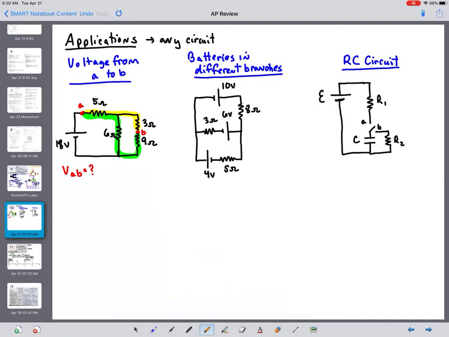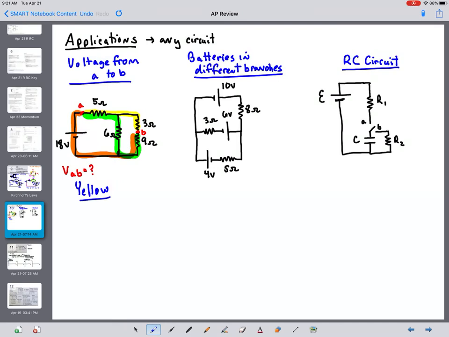I could also go all the way around this way and then up to B, and I could make more complex, weird ones also. But any path from A to B is going to give me the same value. So then I'm going to choose the path that is the easiest path. I'm going to go yellow, and I'm going to write it in blue so we can see it. I'm going to follow the yellow path or the yellow brick road, whatever way you want to think about it.